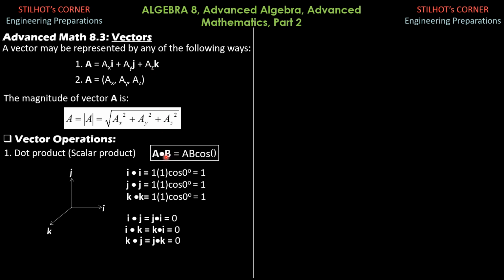So I want you to explore it by yourselves, that dotting a with b. You obtain the dot product with another vector bxi plus byj plus bzk, and take note that i dot j, j dot i, i dot k, k dot i, k dot j, j dot k are 0. So only i dot i, j dot j, and k dot k would be 1.